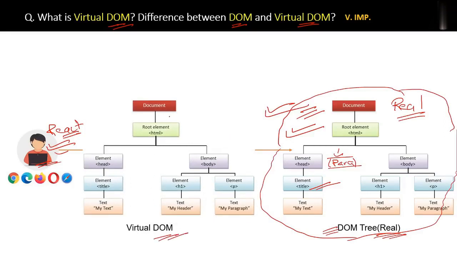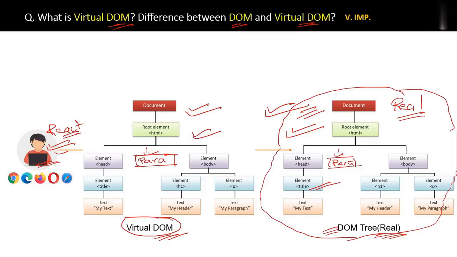Okay, so this exact copy of the real DOM is what we call the virtual DOM. Now when the user does some interaction or manipulation of the elements in the HTML, from outside it looks like the user is interacting with the real DOM, but actually the user is interacting and making changes with this virtual DOM, which is the exact copy of the real DOM.